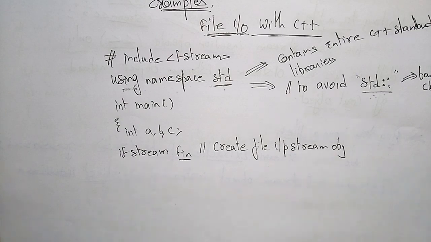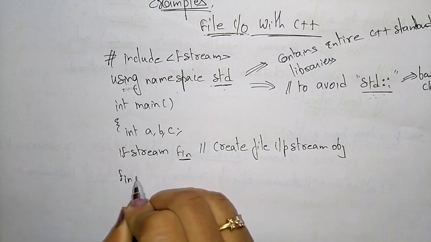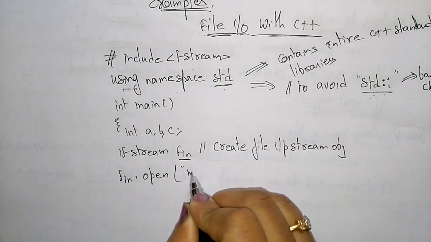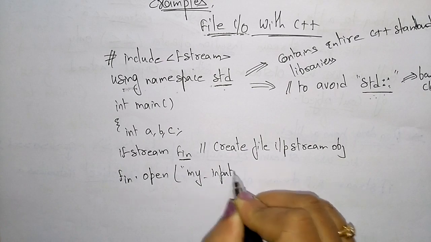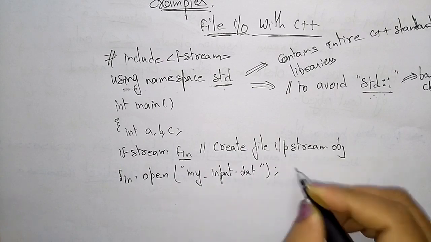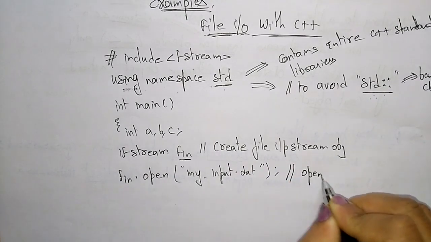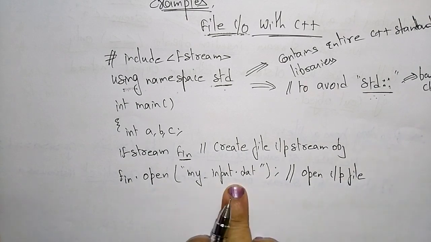To read the data, first you have to open the file. How will you open the file? fin.open, with the input file, my input.dat. This step opens the input file.